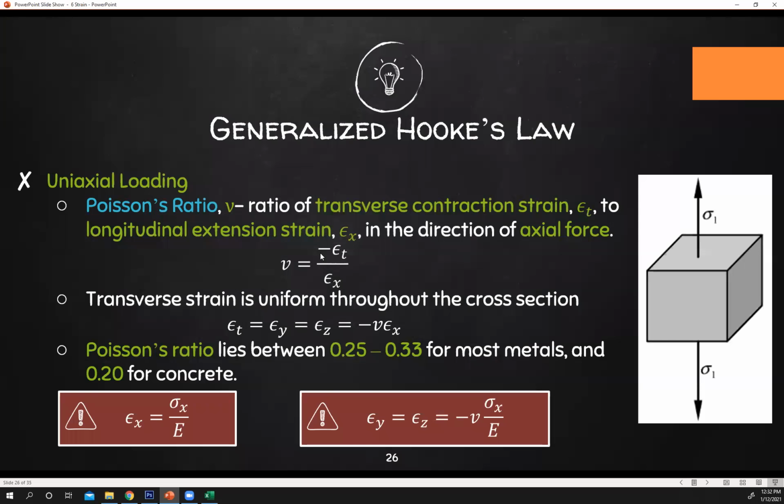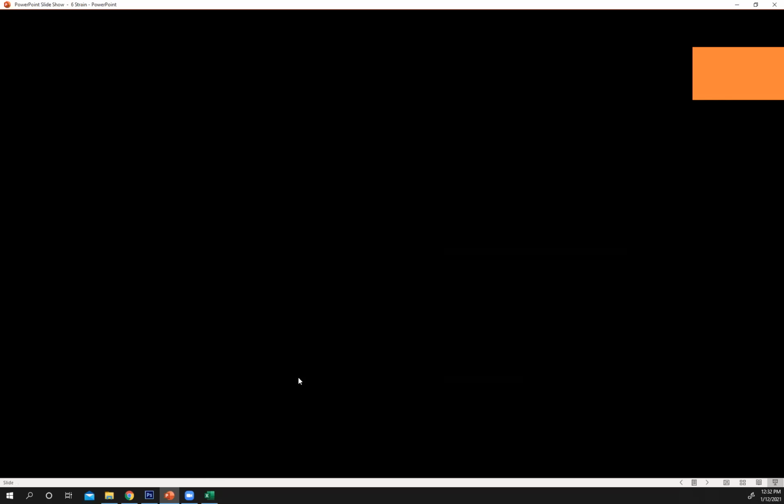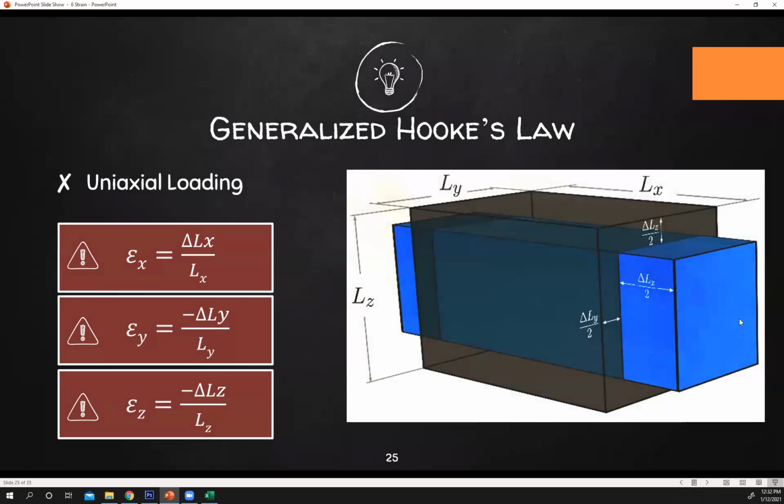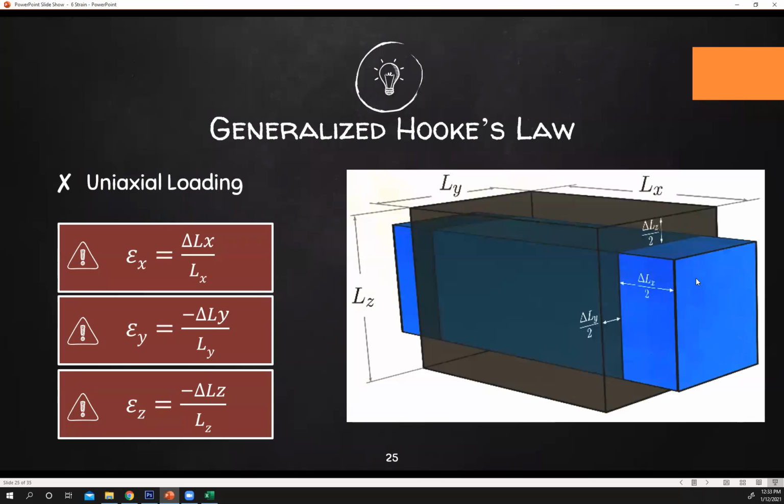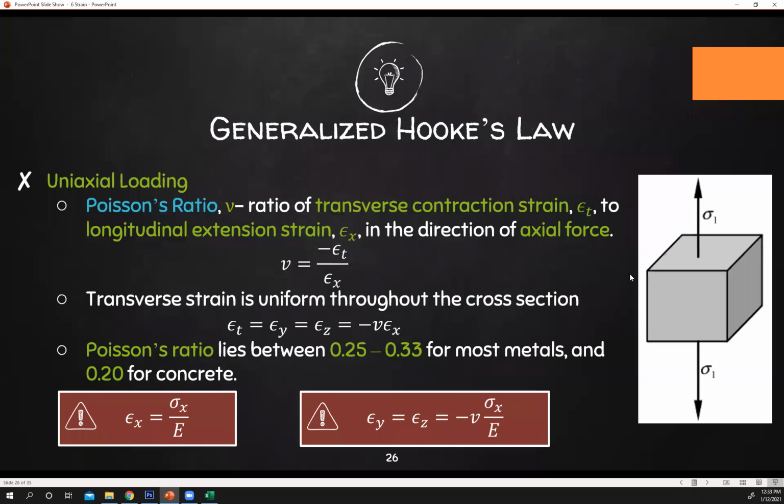So again, to illustrate, this transverse contraction or elongation is the contraction or elongation along your force. For example, here, your force is along the x, so the transverse strain is along the x-axis as well. So transverse strain over longitudinal strain. For example, here, if it's X, your longitudinal strain will be Y. For this drawing, our forces are along the Y direction.